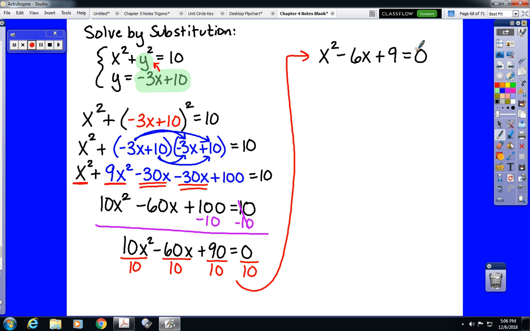That trinomial will factor. We are looking for a pair of numbers that multiplies to positive 9 and adds to negative 6. There are only so many options.